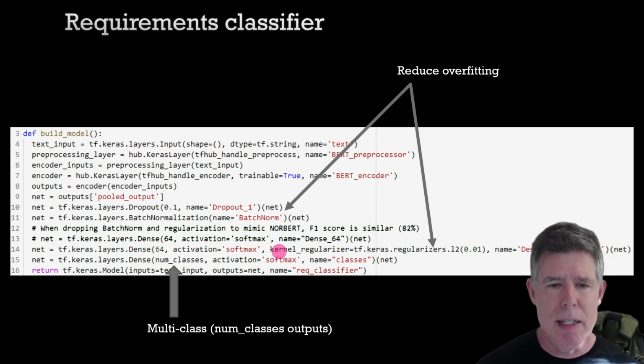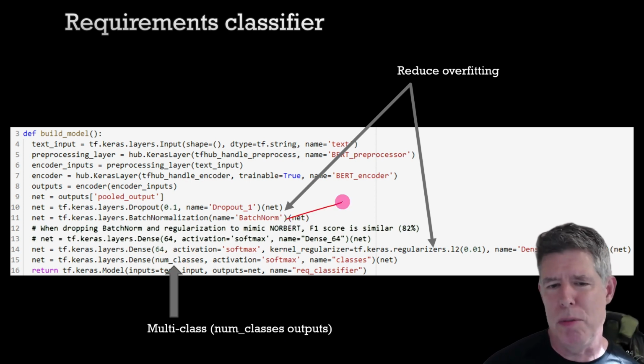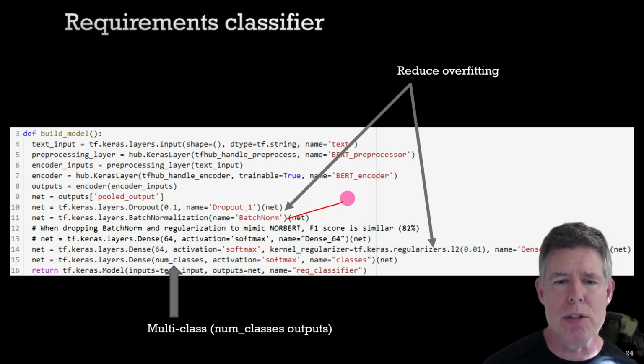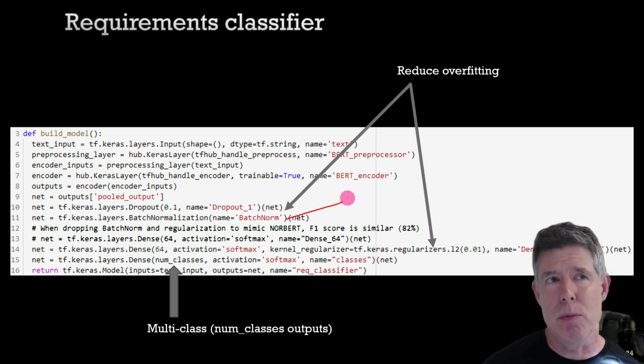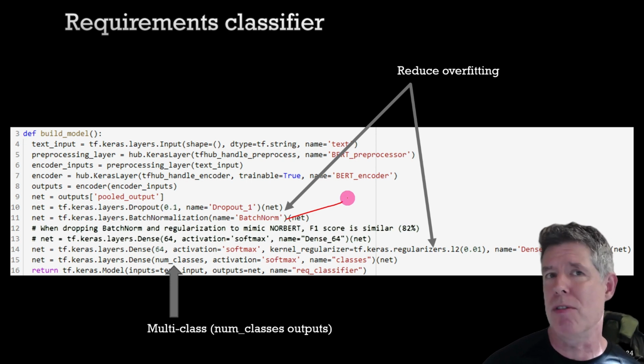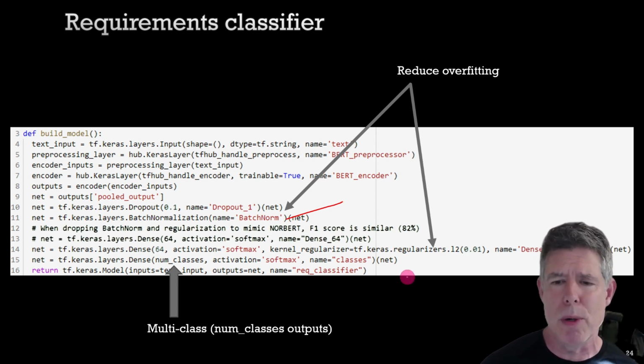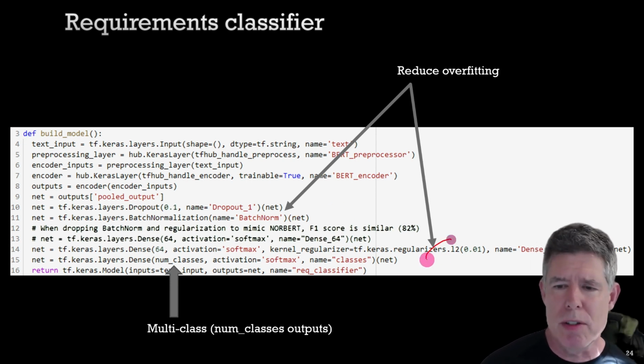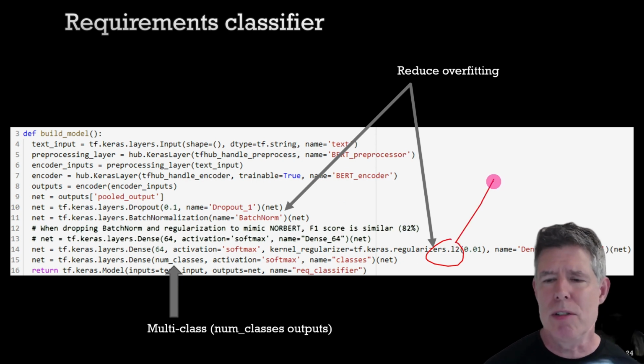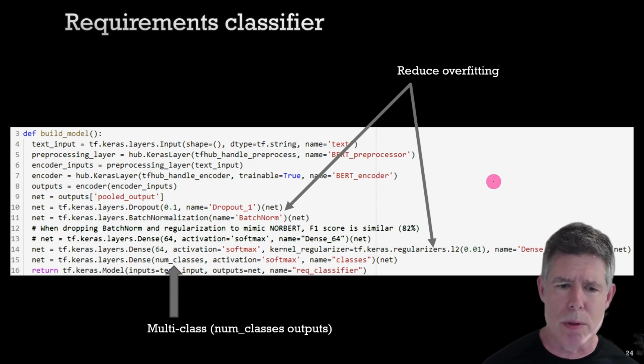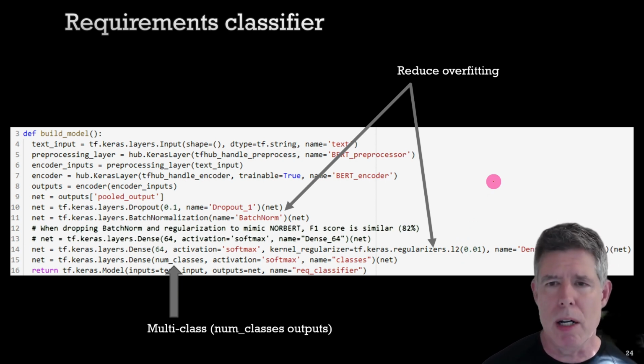So we add in batch normalization, also known as batch norm, which is going to reduce overfitting so that when our model sees data that it hasn't seen before, hopefully it'll still perform reasonably well. And also we're going to do regularization. This is L2 regularization, which is essentially the same thing that you'll see if you're familiar with linear regression.